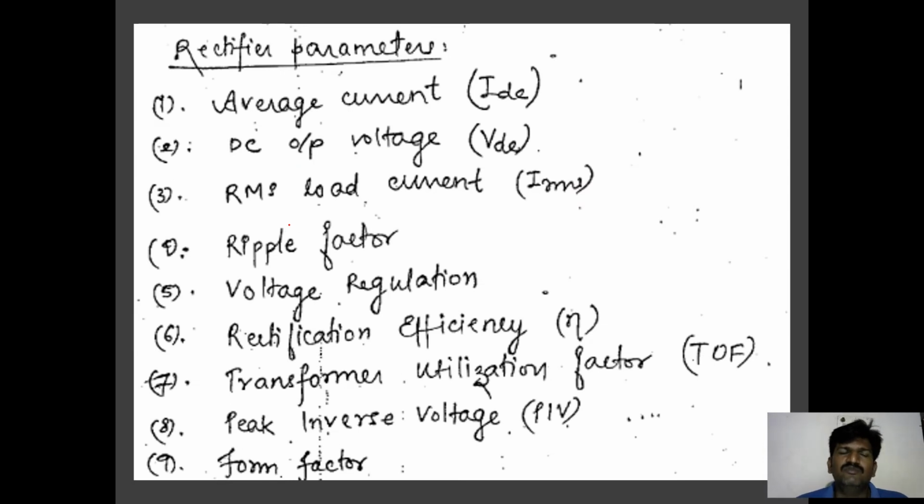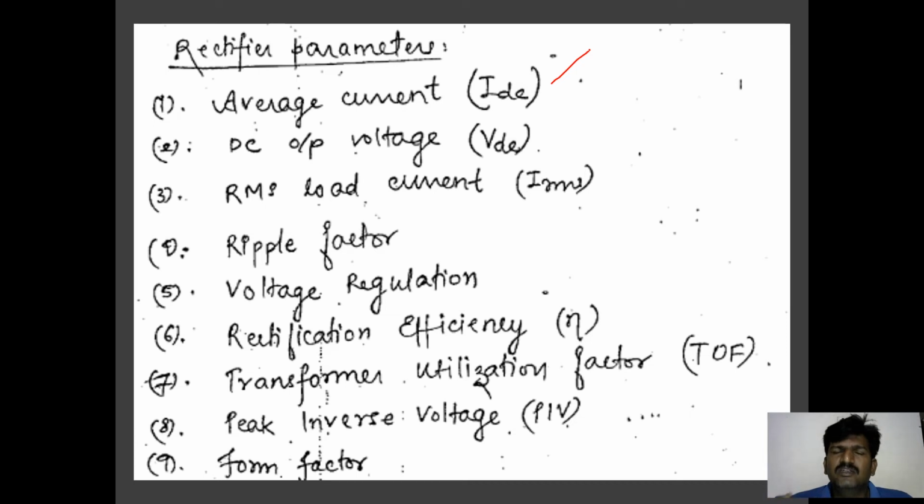In the half wave rectifier we have to monitor some parameters, which are the rectifier parameters. The average component is called IDC, that is the DC current. The output of the rectifier is IDC, and the output voltage is VDC.